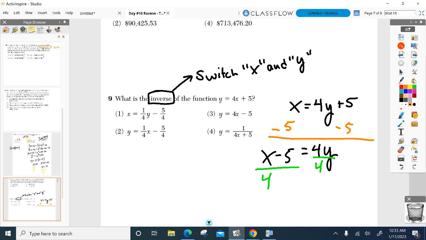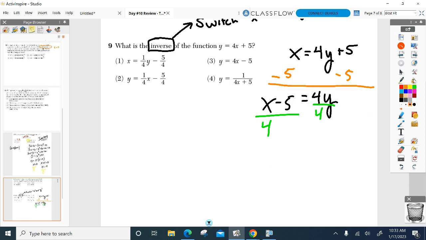Now, period 3 was a little shaky on what to do from here with that left side. Split it up. Put each of these over 4. So minus 5/4. And then how do I write that left side? 1 divided by 4. You could do x over 4. That's fine.